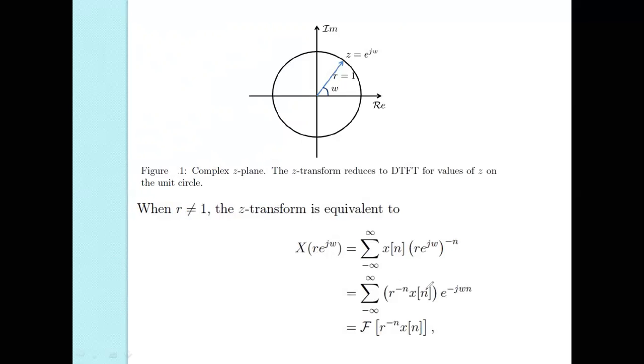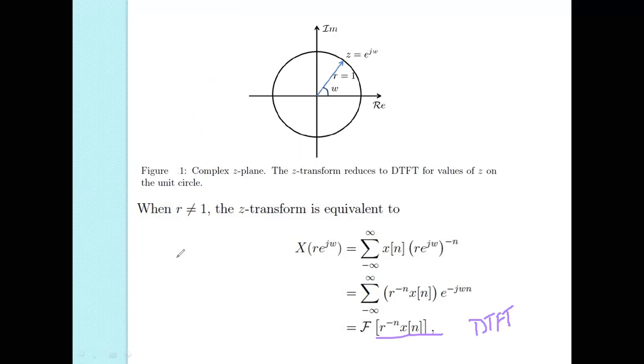Write this as sum of R power minus n, x of n, e power minus j omega n. It is a discrete time Fourier transform of R power minus n, x of n. The Fourier transform of x of n is actually when R is equal to 1.